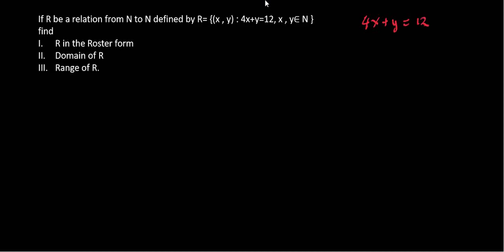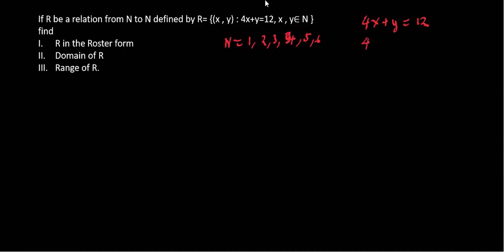So remember, x and y are members of the natural numbers. So this means that we have x and y, and I'll start getting the natural numbers, because everything is from the natural numbers. This is 4, this is 5, and this is 6.